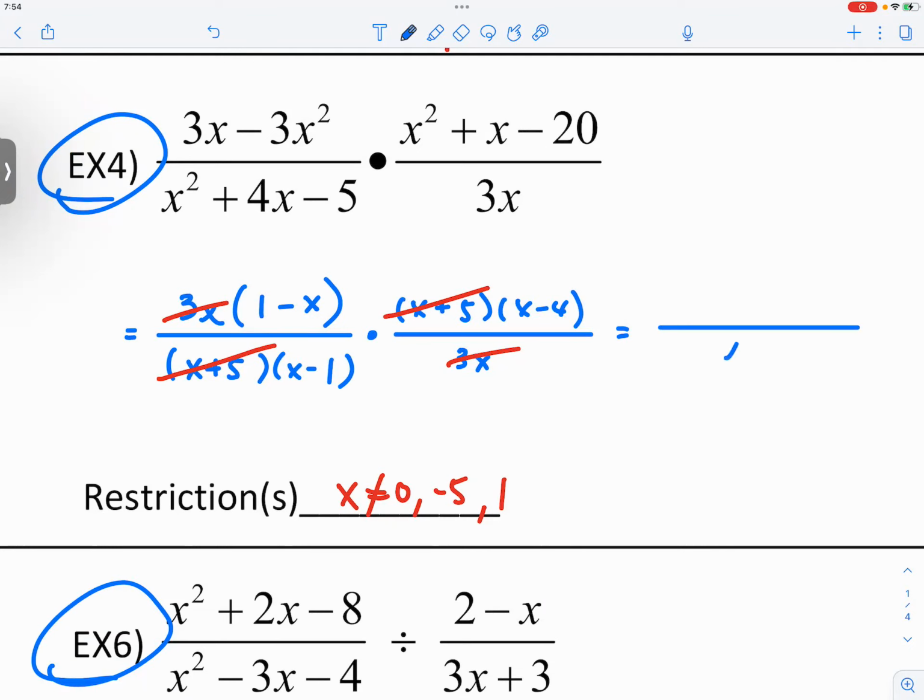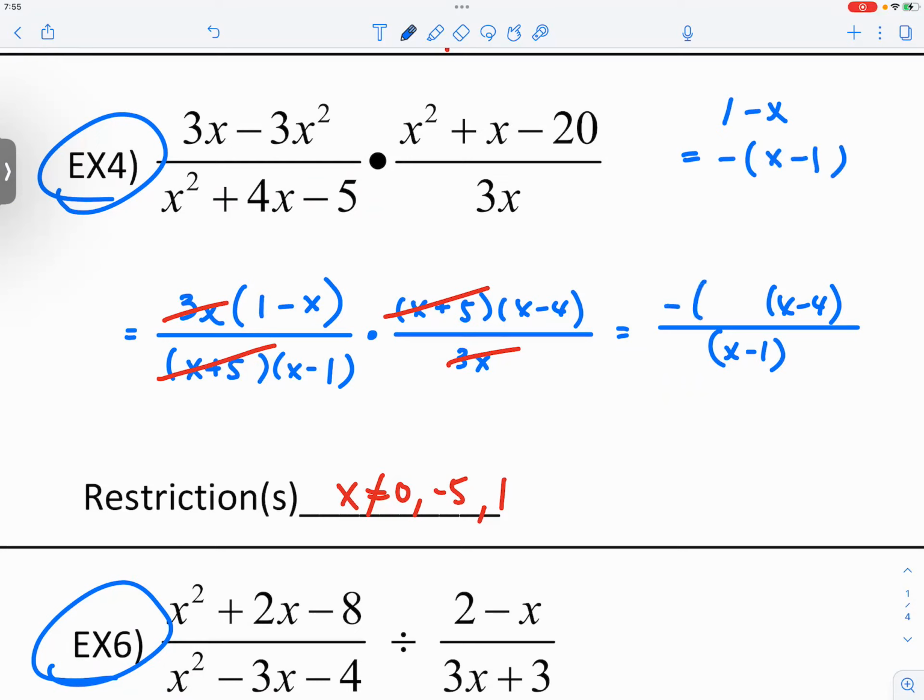Now, so we have a little interesting situation right here. We have a 1 minus x and x minus 1, and you will see this very often in the future, not just for this topic, but in a lot of other topics too. So how can we handle this case? Well, 1 minus x is the same thing as writing it as negative parentheses x minus 1.